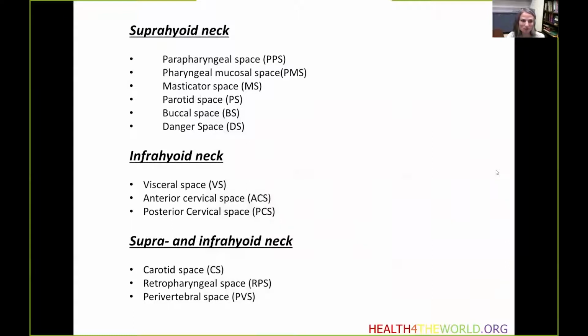They include the peripharyngeal, pharyngeal mucosal, masticator, parotid, buccal, and denture spaces. The infrahyoid neck spaces include the visceral, anterior, and posterior cervical spaces. And there are also spaces that span both the supra- and infrahyoid necks: the carotid space, retropharyngeal, and perivertebral spaces.